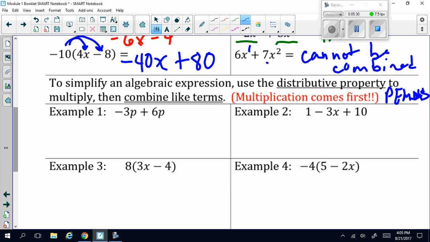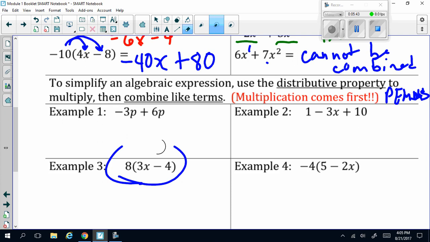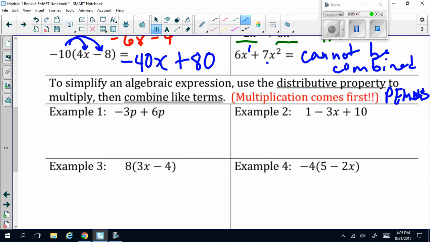So the first one. First I want to use my distributive property. I don't need to here because I have no parentheses. So when do I use the distributive property? See my parentheses there? That tells me I need to use my distributive property. So on example 1, I do not have distributive property to use. So I look at my two terms and I'm just going to combine them.